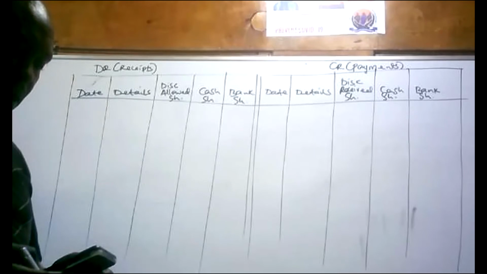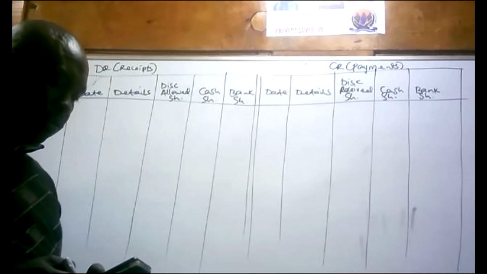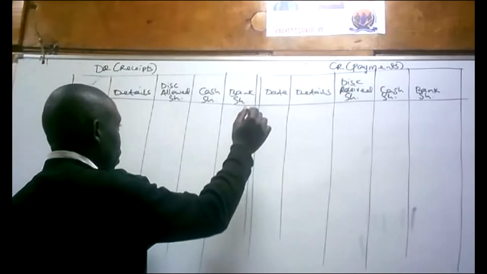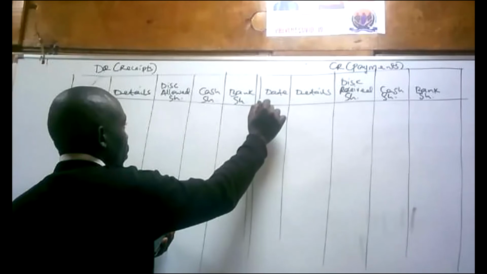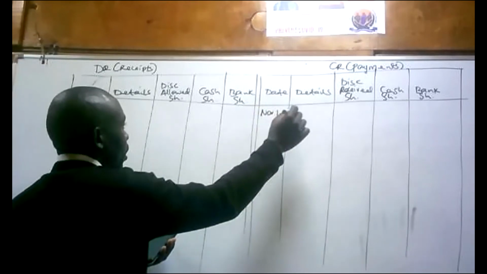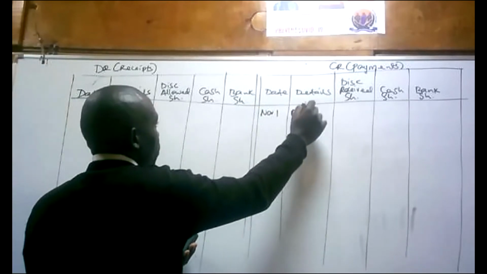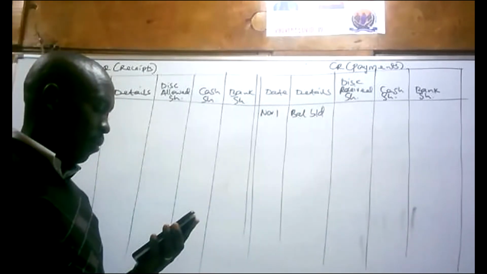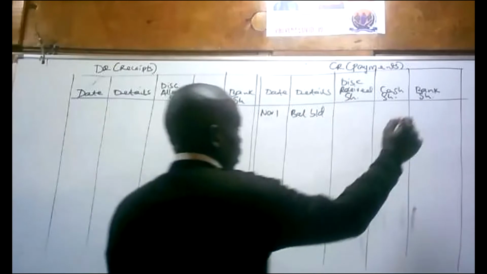We start with the opening balances. For the bank, it is a credit balance. So you write here, this is the beginning of November, November 1. That is the balance brought down. So brought down is opening balance. Bank, 25,000.